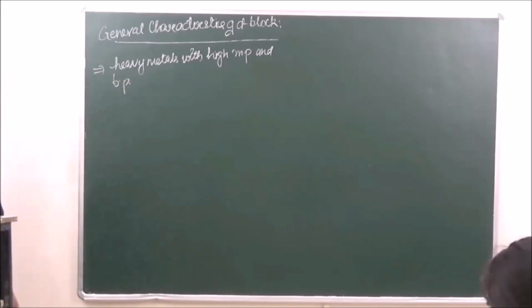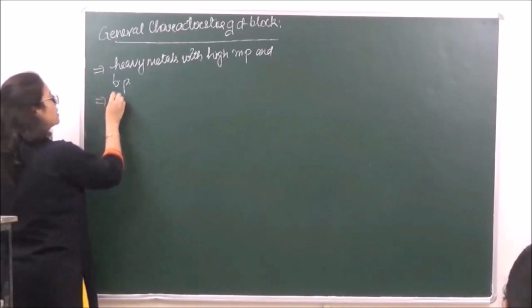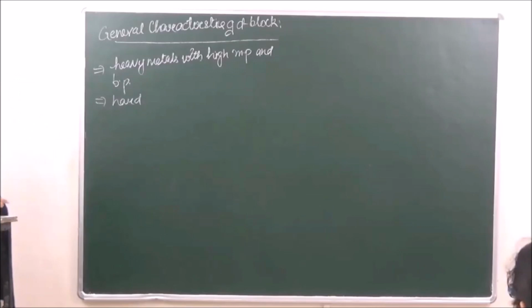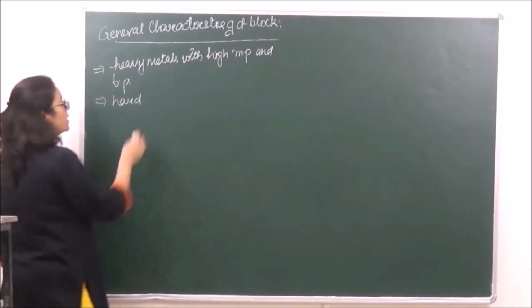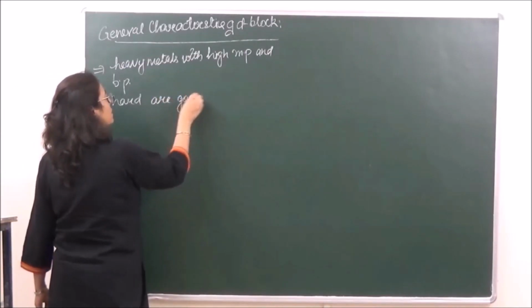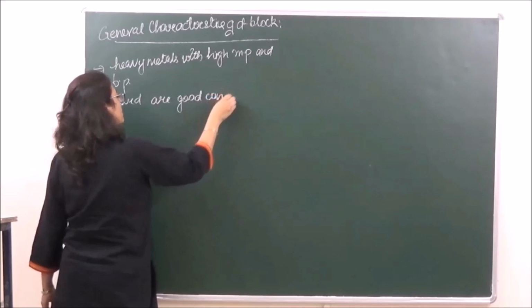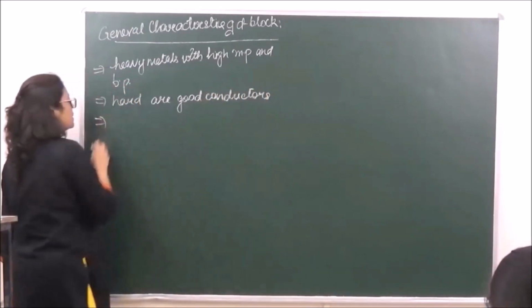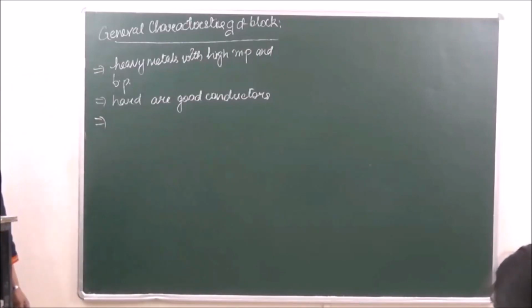They are very, very hard. Like you know that tungsten, that is the hardest substance known, belongs to the D block. They are very hard and are good conductors of electricity.